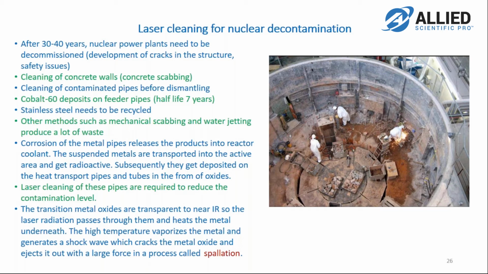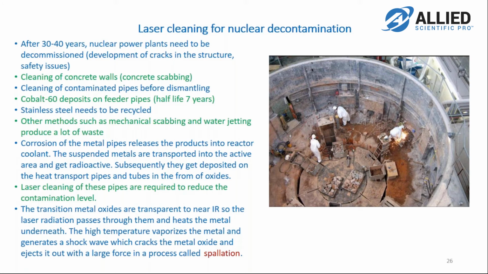metal pipes. In fact, what happens is the transition metal oxides are transparent to the near IR lasers. So if you use a fiber laser, the beam goes through the oxide layer with no absorption, and then it gets to the metal, heats the metal, and generates some kind of plasma that would explode and remove these metal oxides from the surface of the pipes.